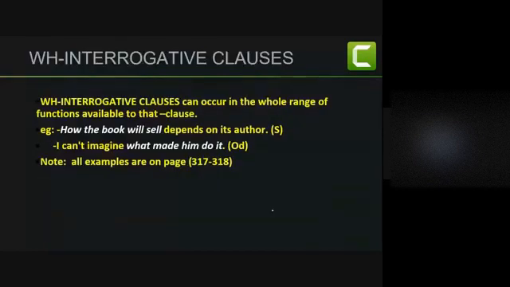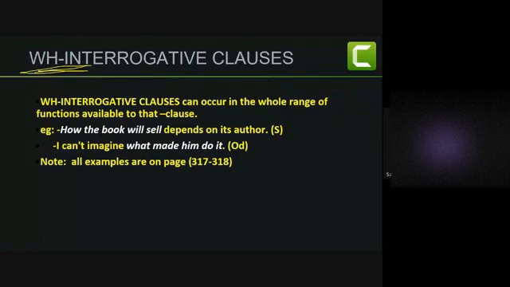Okay. WH interrogative clauses. As you remember, we learned to form a question with WH words. Right? Yes, Miss, right. For example, where, when, why, how many, how much, how old, all these we call them WH interrogative.